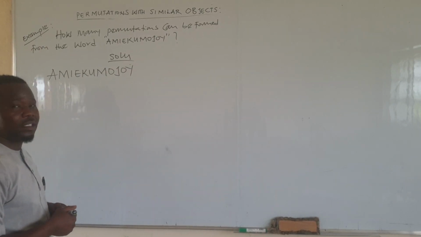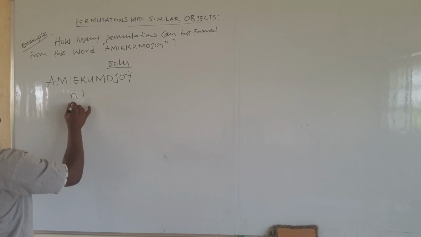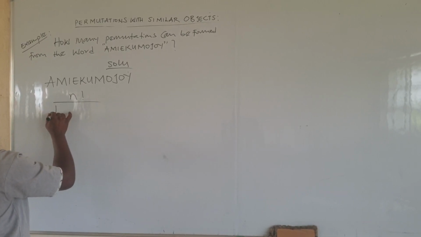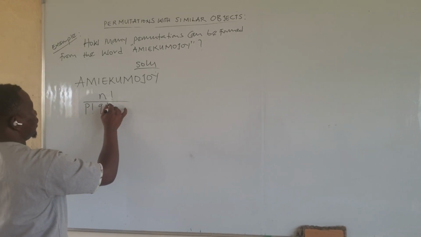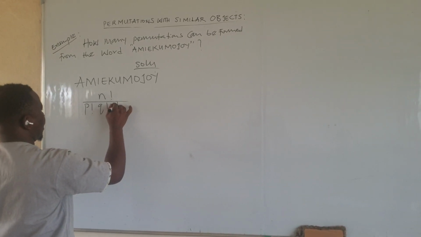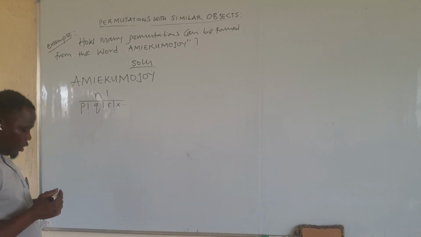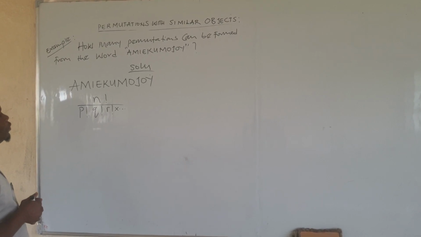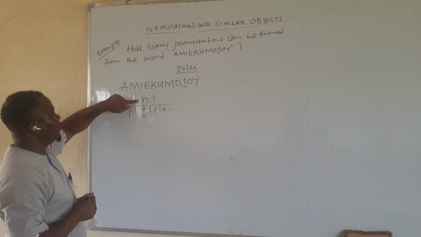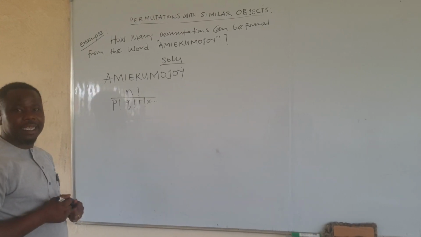Okay, let's write down the formula, which you know: n factorial all over p factorial times q factorial times r factorial times and so on. Now we are going to find n. How can we find n?